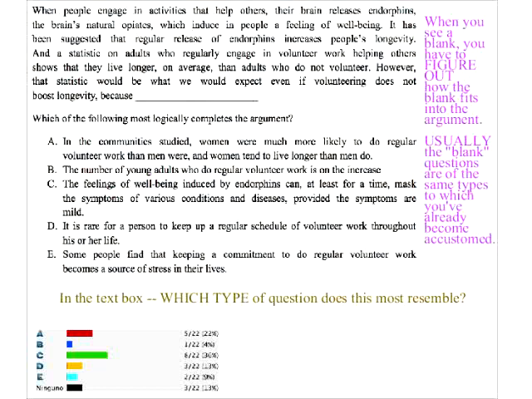So either like strengthen or weaken or explain situation or draw a conclusion or assumption. Which type is this? I mean, it does involve cause and effect, but cause and effect is not a question type. It's a situation that you might see in a question type, but it's not actually a question type.